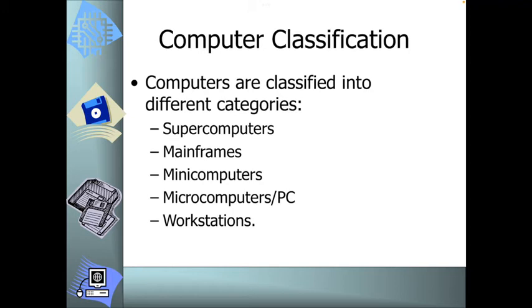Then we have what we call the mainframe. Next we have minicomputers. Don't worry at this moment, because we will go one by one on this later in our next slide. And then we have microcomputers. This is what we call the PC, actually.